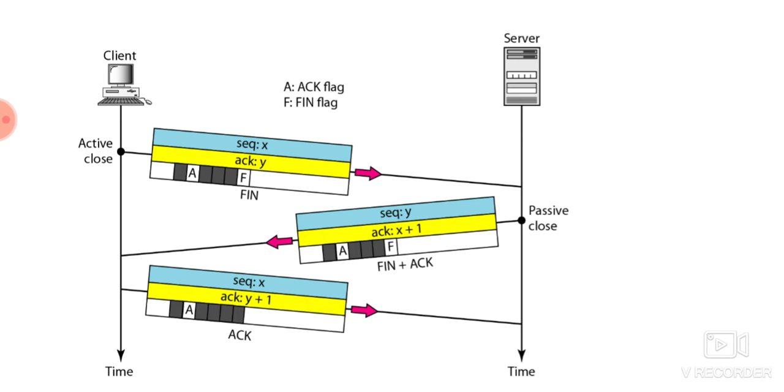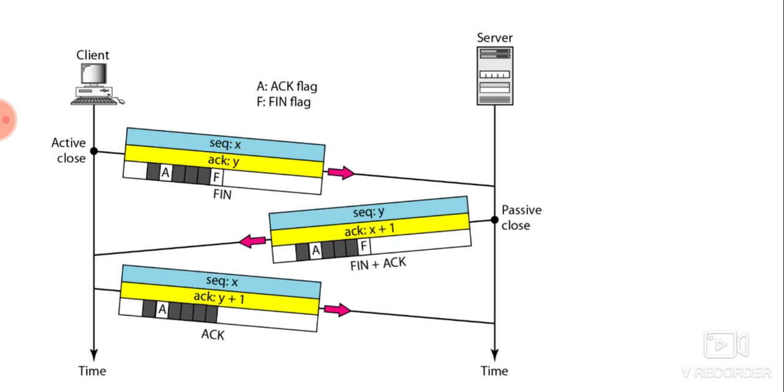This segment can also contain the last chunk of data from the server, and if it does not carry data, then it also consumes only one sequence number. Along with these things we can also transfer data.